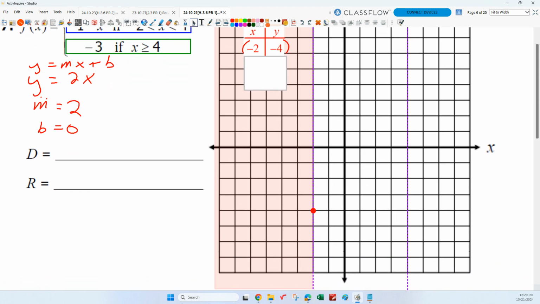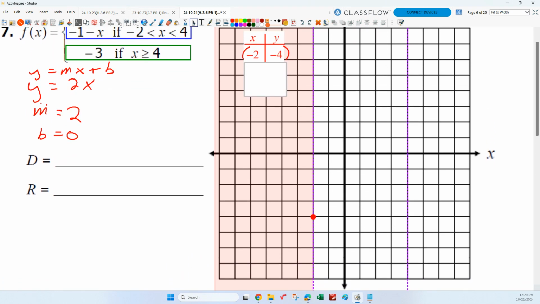I need one more. What's another x value I could pick? I need 2 points in the red region to graph this line. -3, sure, or what's another one? -4 or -5, just whatever's convenient. What if we just pick -4 arbitrarily? It doesn't really matter.